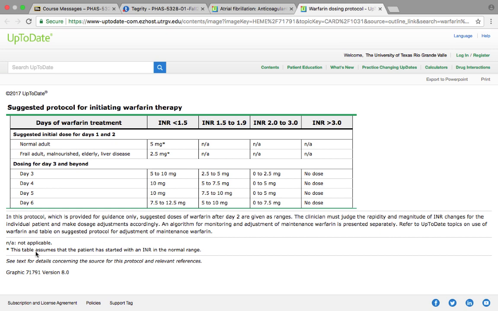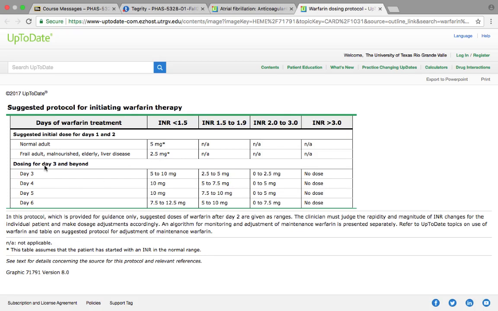Again, the table assumes that a patient is started with an INR in a normal range, which for everybody sitting in the classroom or wherever you are, is 1.0. So that's considered a normal INR. If there is an elderly person with liver disease, a malnourished, frail adult, you want to start on 2.5 once a day.